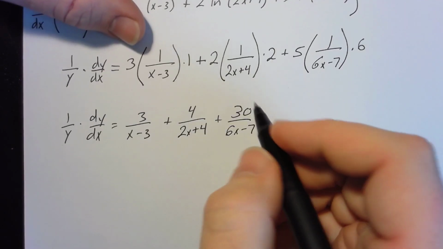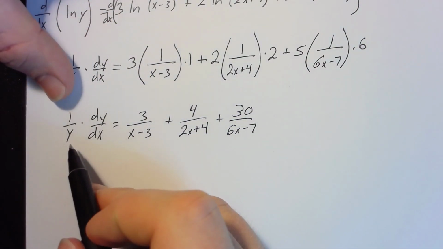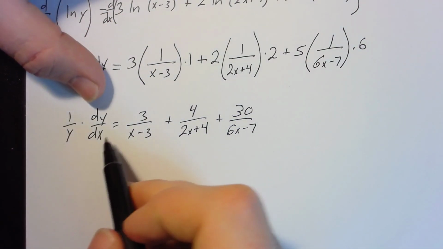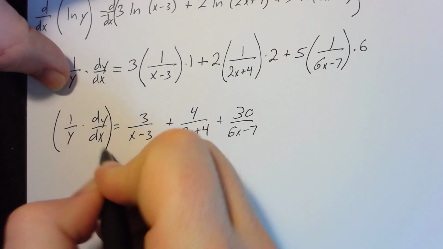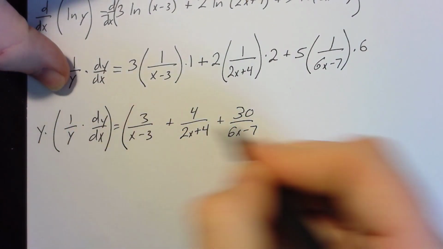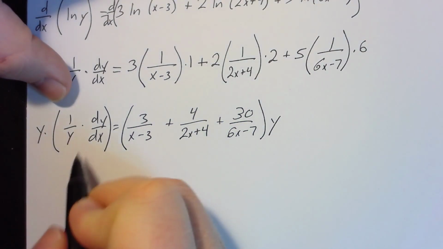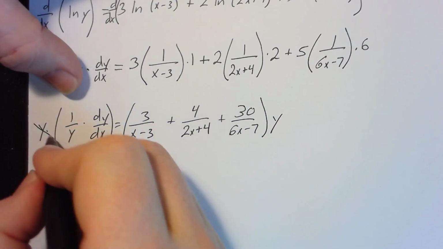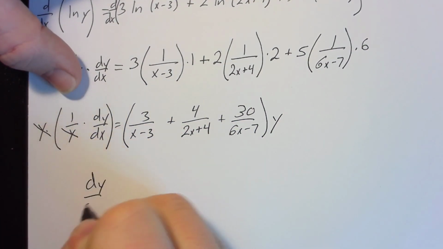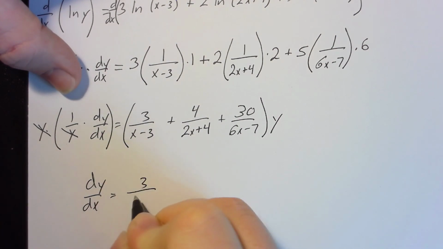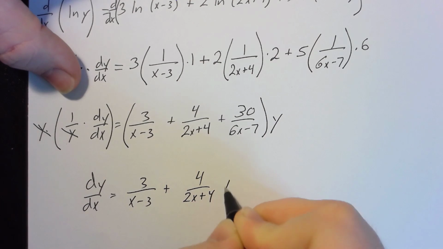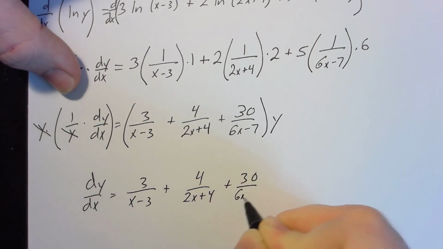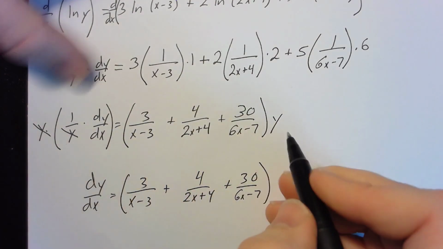And you'll notice, what was the goal of this problem? Again, it was to solve for y equals, which means dy dx equals this thing. If I multiply both sides by y, I then get that dy dx all by itself. So these two things cancel out, and I have dy dx equals 3 over x minus 3 plus 4 over 2x plus 4 plus 30 over 6x minus 7 times my y.